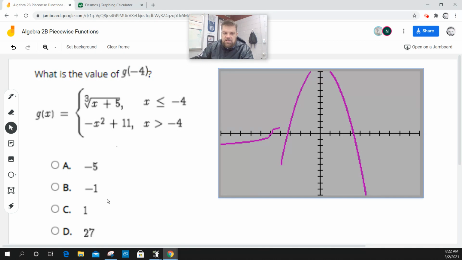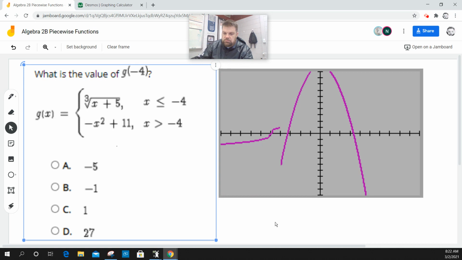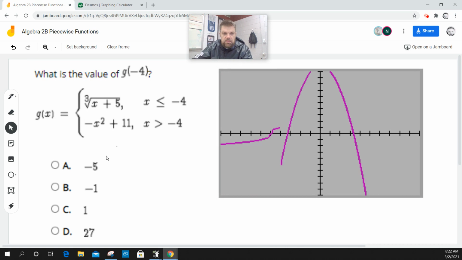So this thing right here, this is for all the values less than or equal to -4. This is this function, this part right here.